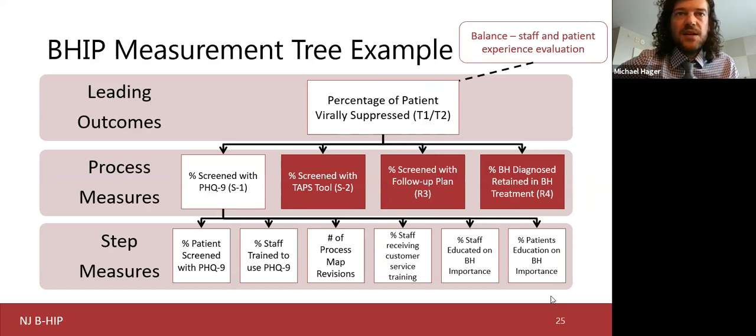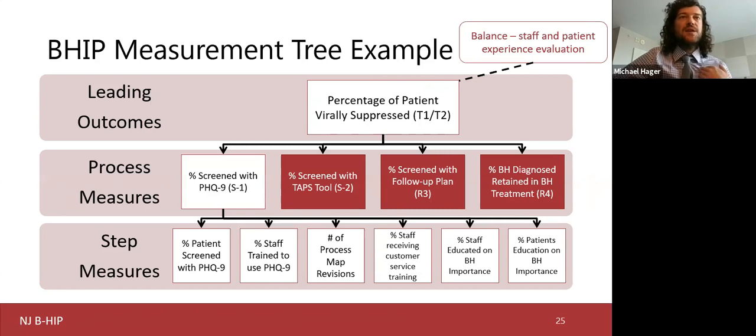So we have screening with PHQ-9, screening with the TAPS tool, percent screened with follow-up, and percent diagnosed. As I promised you, no lies, these are our process measures. And when you look at the process measures and the outcome measure, that's all 6 of our measures, just as Adam promised. So for the sake of argument, let's look at what's happening if we were to do the percent screened with PHQ-9.